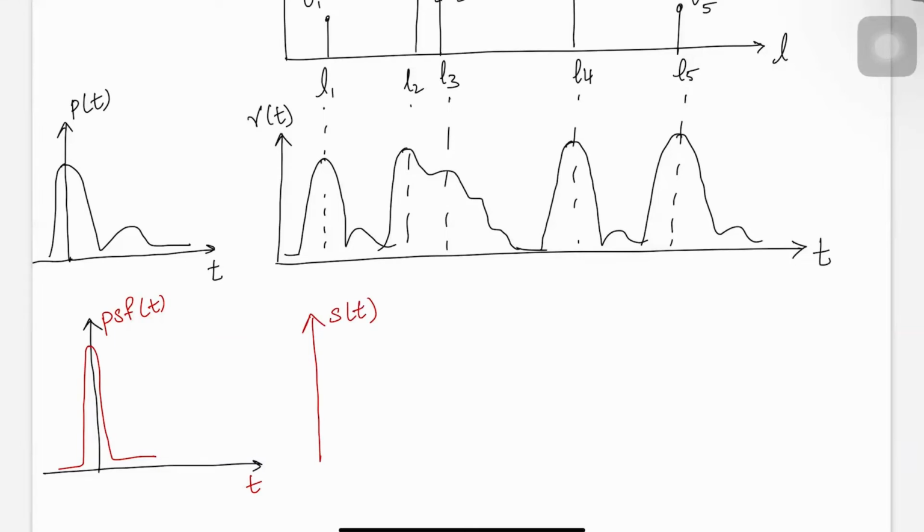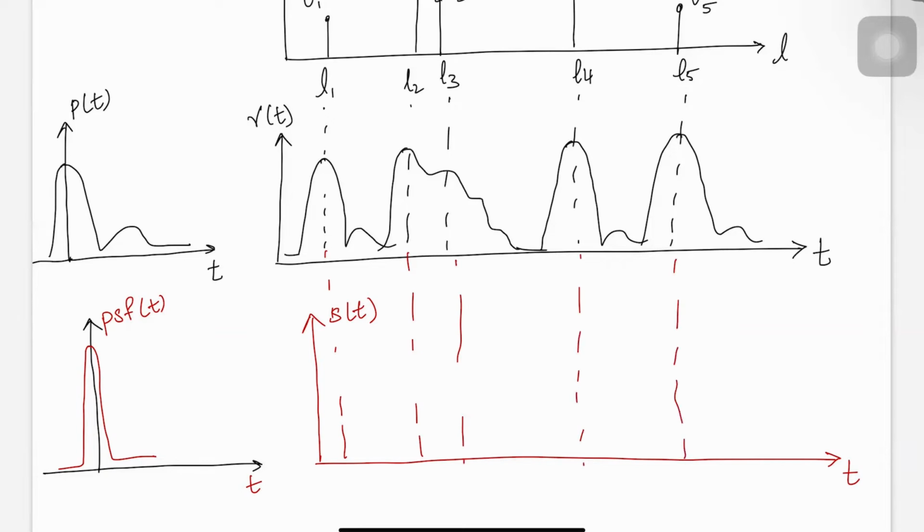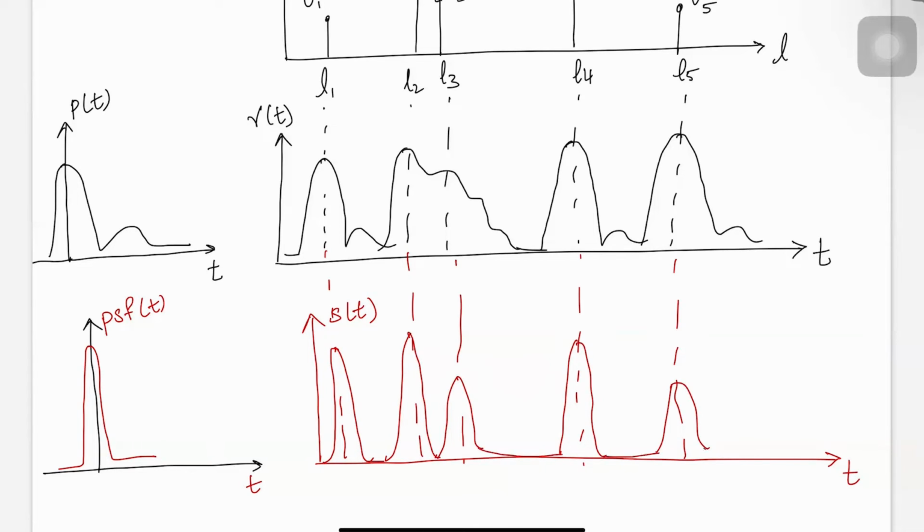So this is after match filtering. After match filtering, if you go back down here, you should just get a delayed sum of your point spread function. So one here, this, and one like this. So this is what the signal should look like.